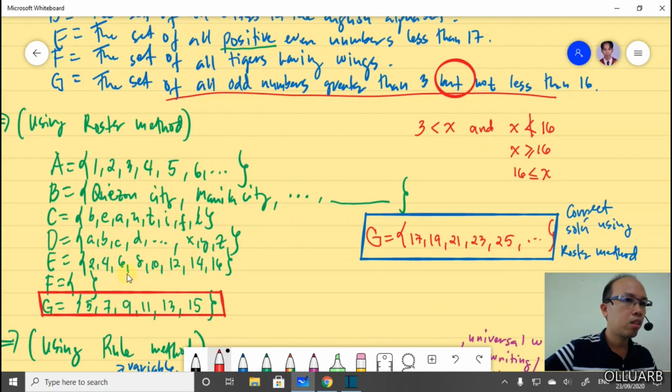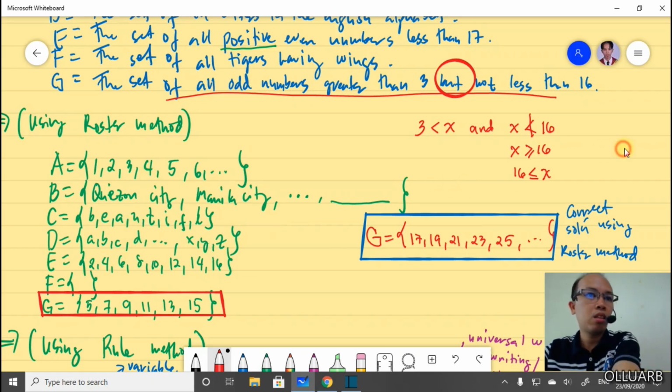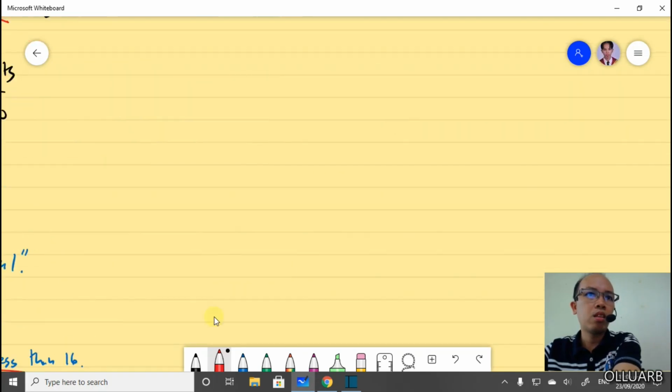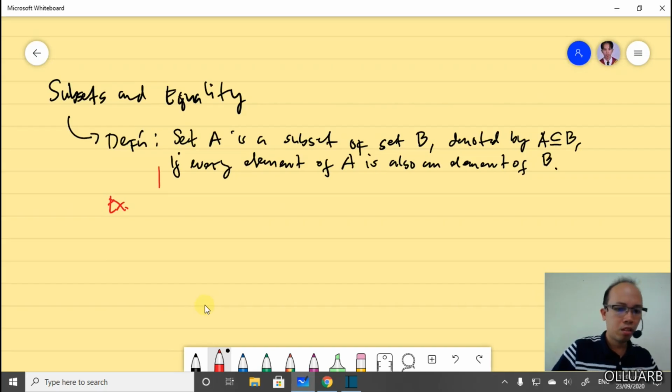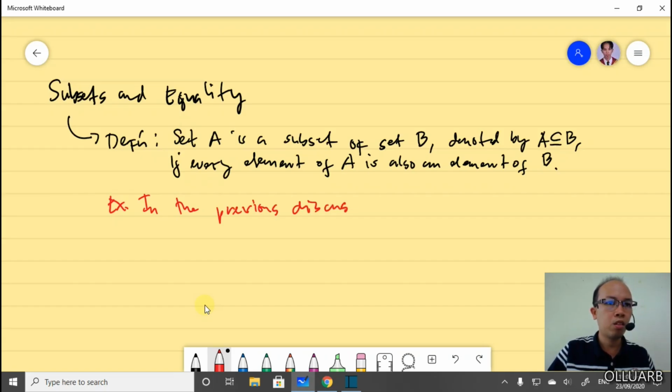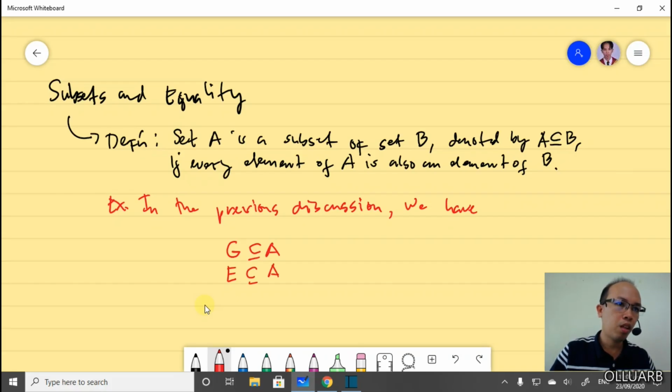Here we can say that set G is a subset of A. E is also a subset of A. In the previous discussion, we have G is a subset of A. Set E is also a subset of A, because every element in E is also an element of A. Every element of G also is an element of A.